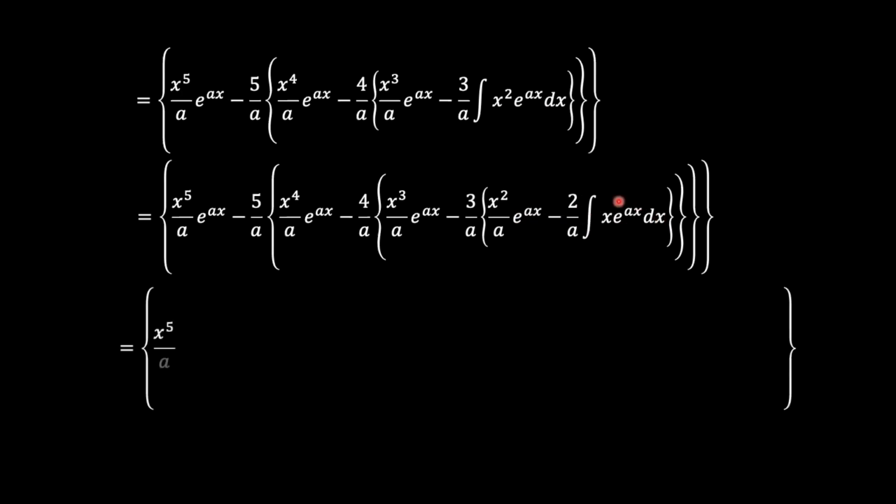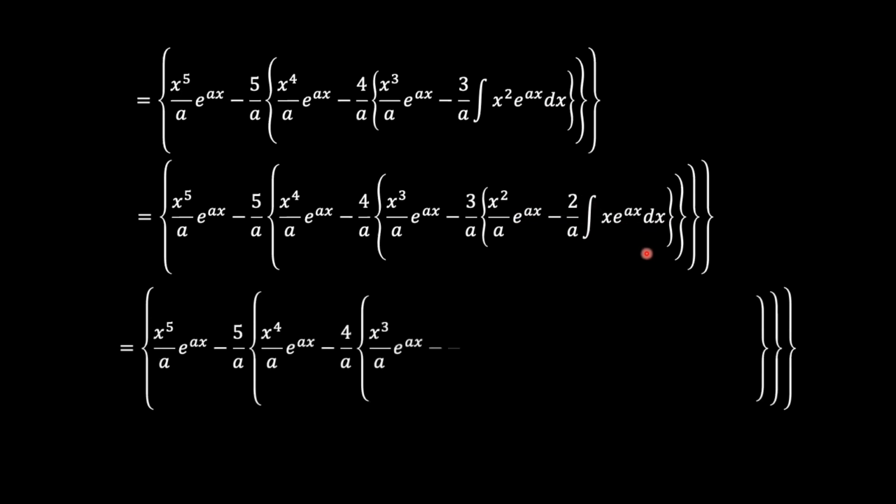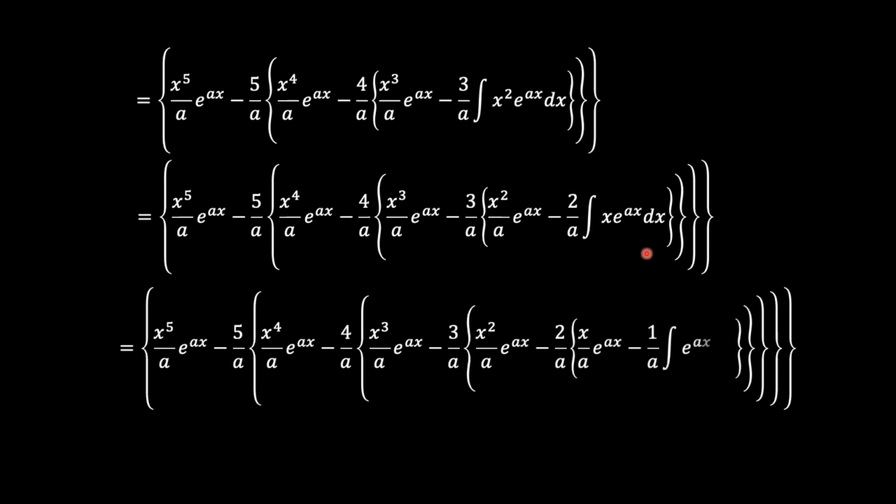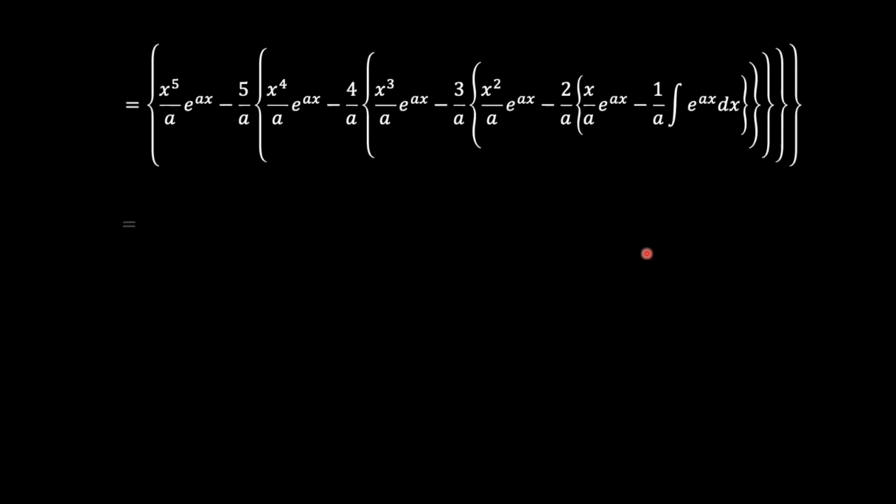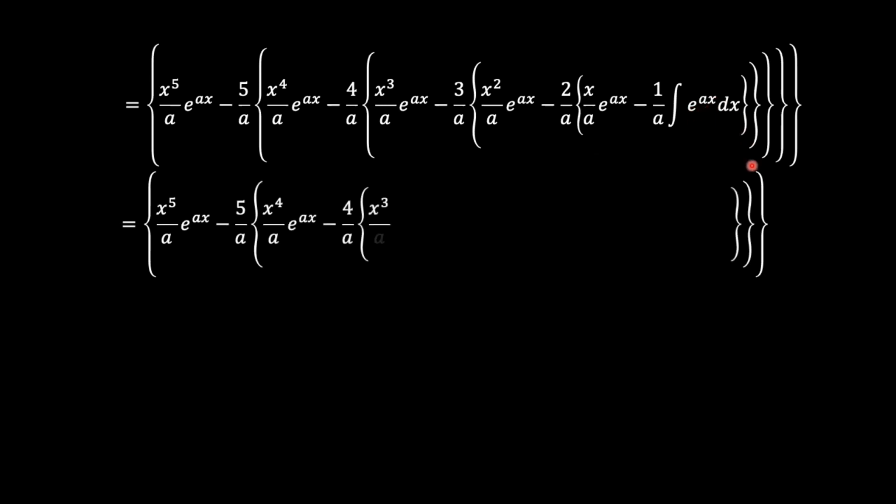Repeating the process with these, finally we arrive at a point where we have only the exponential function there, and that can easily be integrated. So you see we have nested functions here. Lastly, we just have to integrate e to the power ax, which is obviously 1 over a e to the power ax.